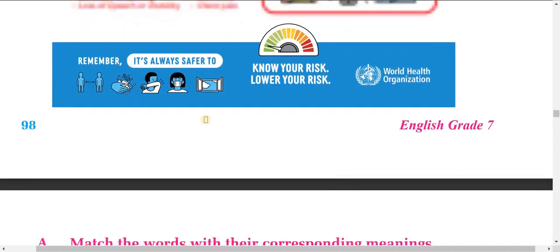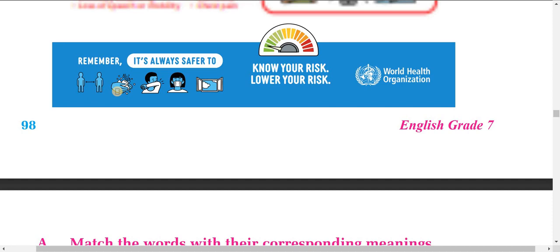Now remember, we have to follow these things to be safe from COVID-19. First, we should keep a physical distance from other people. Second, we should wash our hands regularly with soap, or use sanitizer frequently.